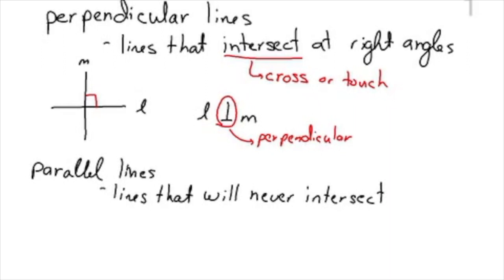Okay? They'll never touch each other. And those are going to be two lines that are drawn like this. And we'll label this one line P and this one line Q to have names.